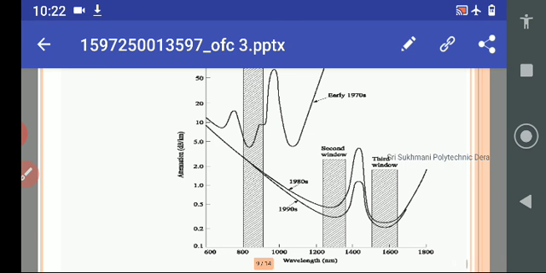As is clear from the figure, the first window is around a centralized wavelength of 800 nanometers, and at 850 nanometer centralized wavelength we are experiencing minimum attenuation of 5 dB per kilometer. So there is a dip at this wavelength only, whereas at other wavelengths the curve is experiencing high attenuation.